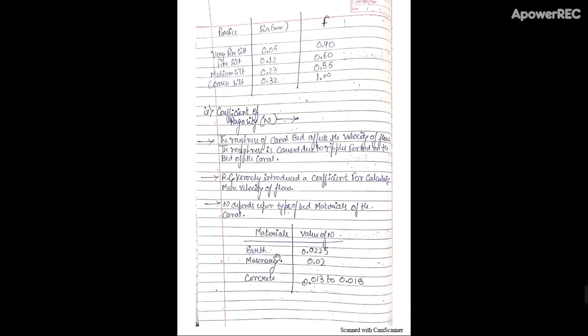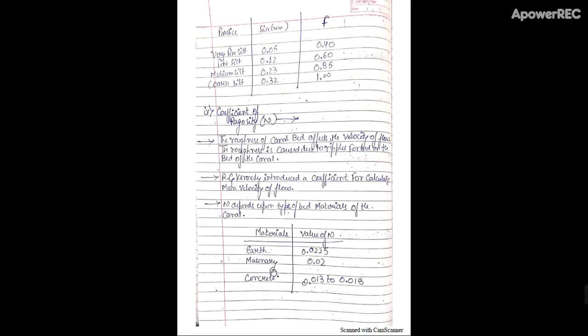The value of n would be 0.0225 in the case of an unlined canal. Earth means your canal is not lined. So in case of an unlined canal, you would always have the value of 0.0225. In some university questions, if you are not given the value of rugosity, meaning the value of n, you can assume it, as it is written in the examination, that you assume all the given data, as 0.0225.